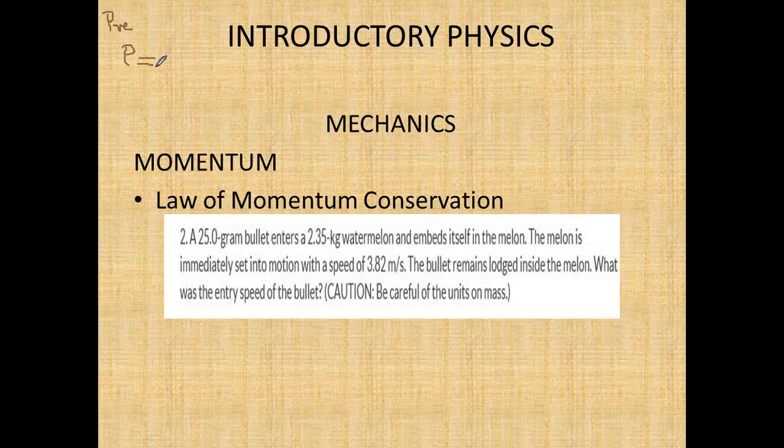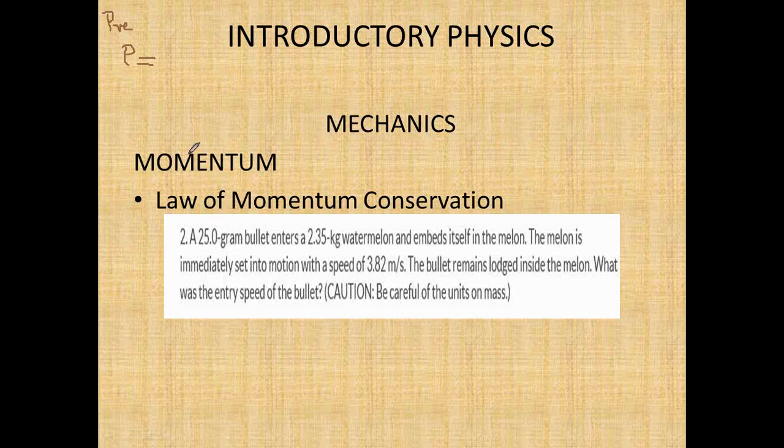Let's do the bullet. The bullet is going to have a momentum which is equal to the mass times the velocity of the bullet, and that is the entry speed of the bullet. The mass of the bullet is 25 grams. So let's convert 25 grams into kilograms.